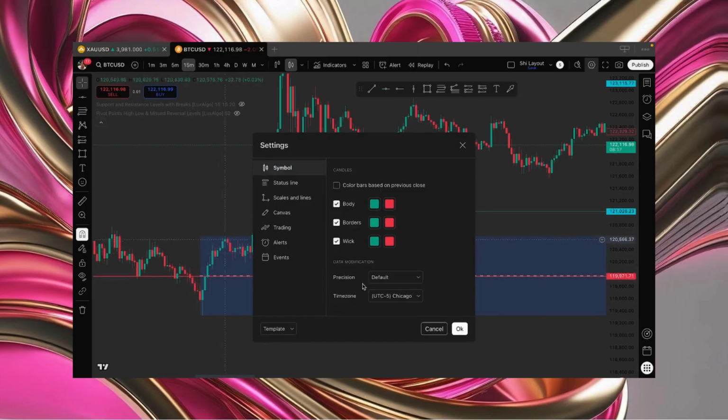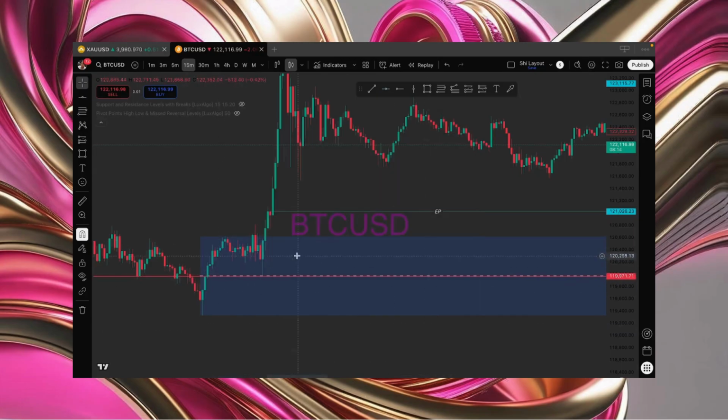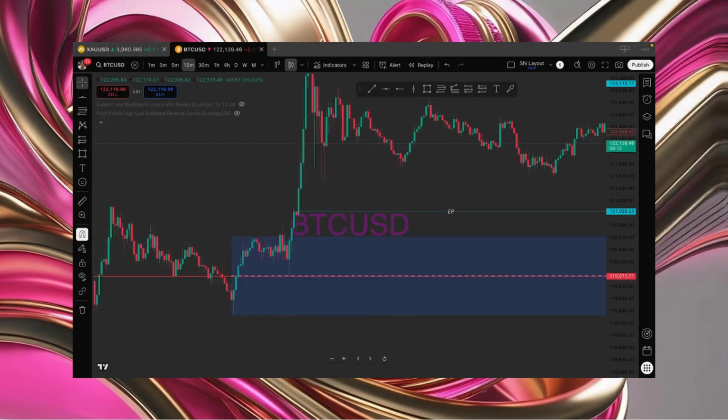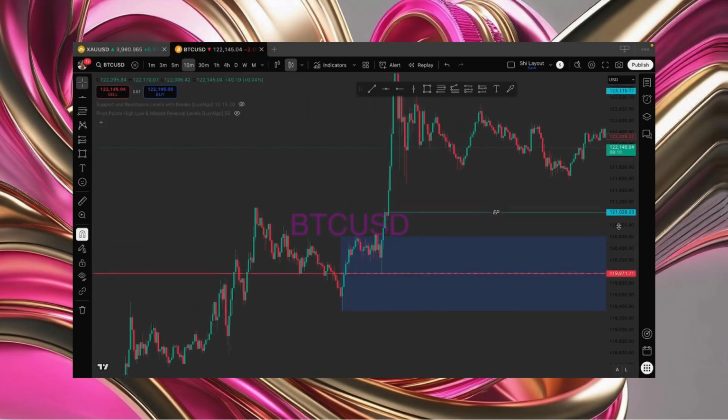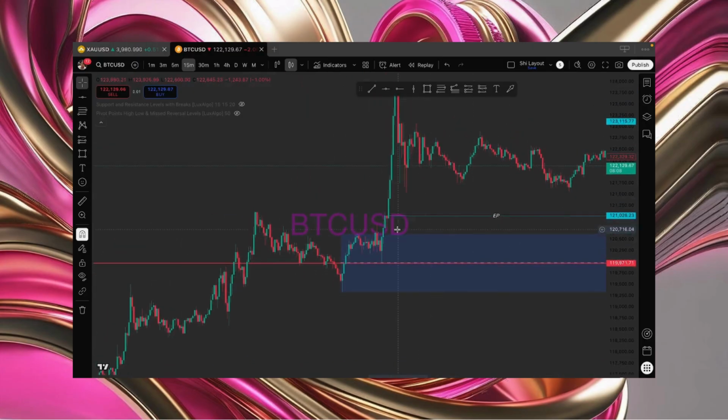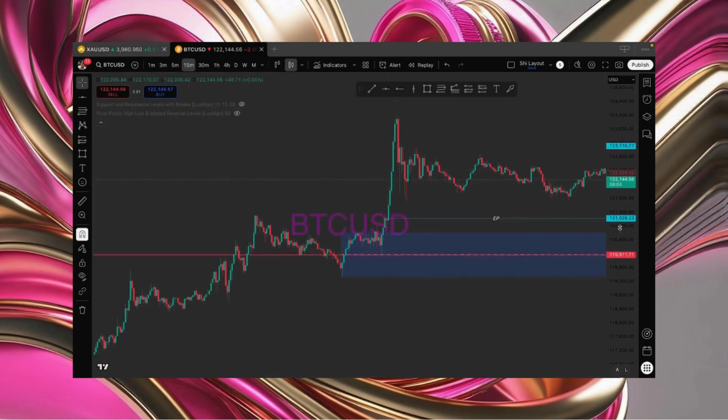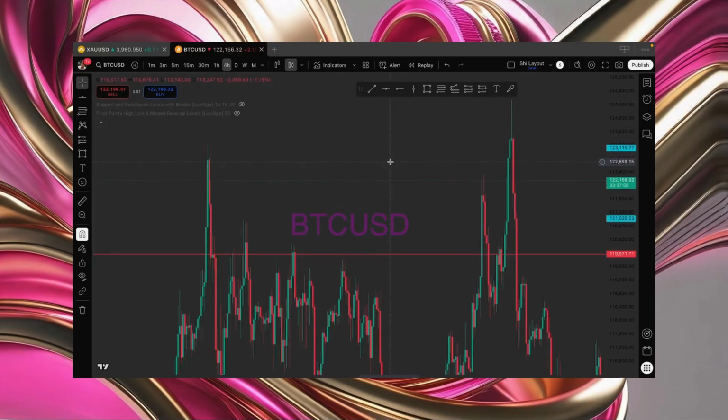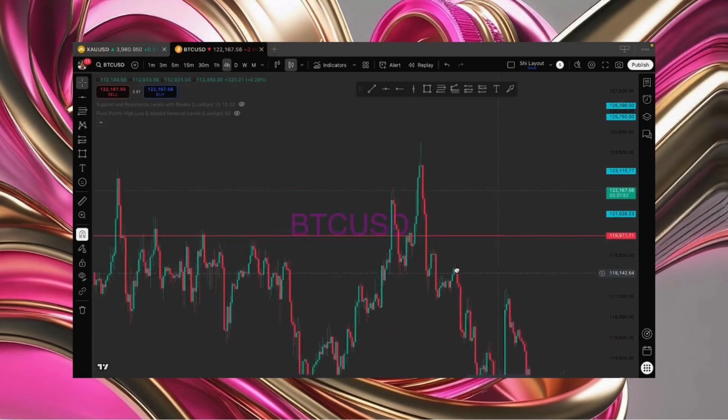And my TP, or take profit, typically is going to be another supply zone. But if I'm not mistaken, let's see what we have here. If this is my stop loss, let's go back over here.